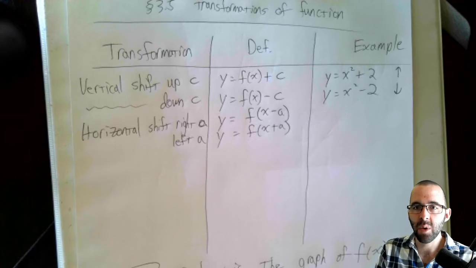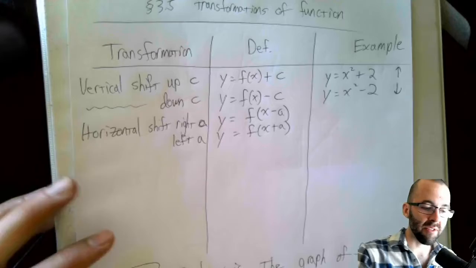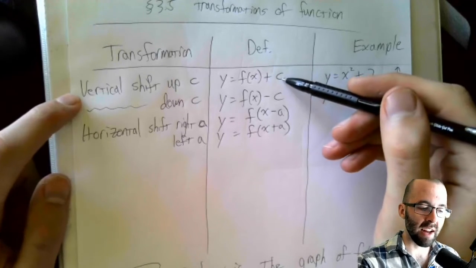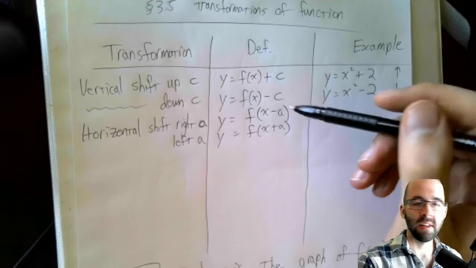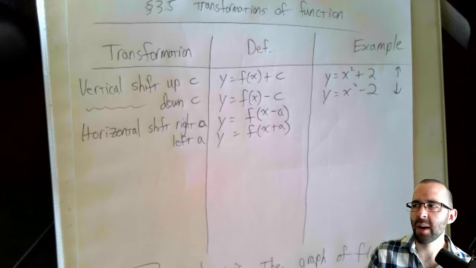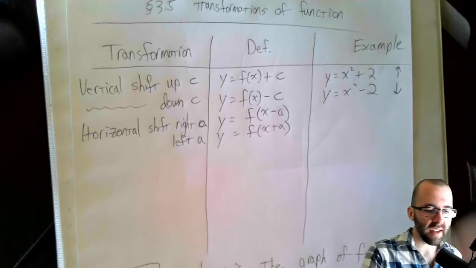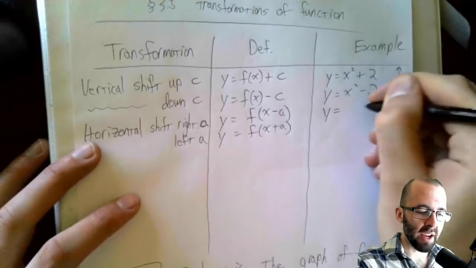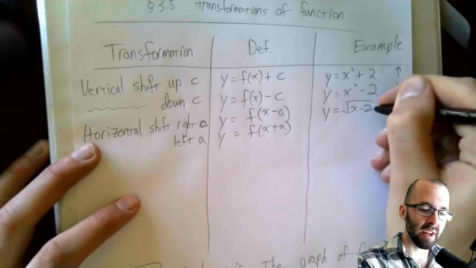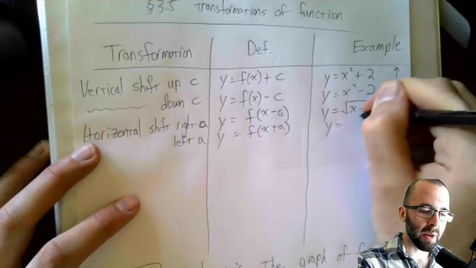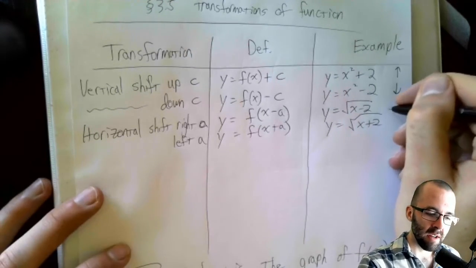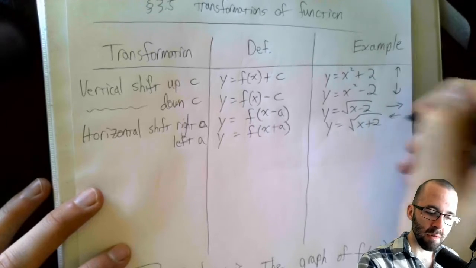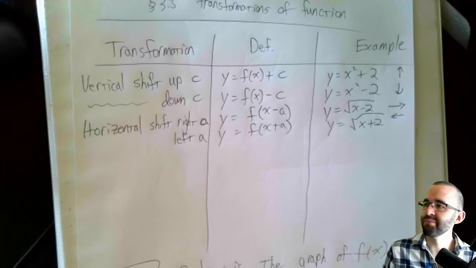Inside stuff is horizontal. Outside stuff is vertical. So a vertical shift was adding on the outside, horizontal shift adding on the inside. And then inside stuff also kind of works backwards from what you might expect. So some examples, if we have y equals the square root of x minus 2, that goes 2 to the right. Or y equals the square root of x plus 2, that's 2 to the left.